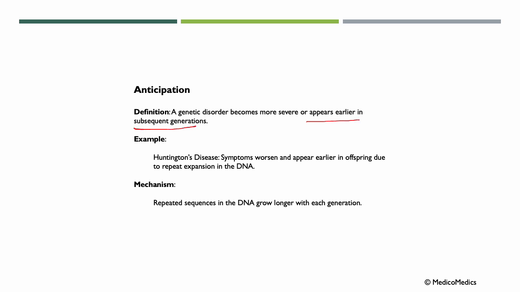So it is like a genetic snowball. Each generation inherits a larger, more severe version of the condition. An example of this is Huntington's disease, where symptoms worsen and appear earlier in offspring due to repeat expansion in the DNA. So repeated sequences in the DNA grow longer with each generation.